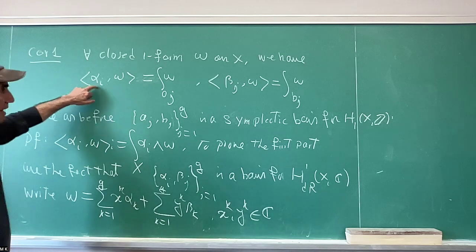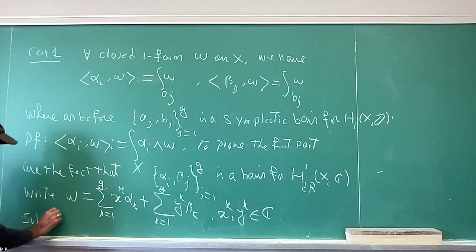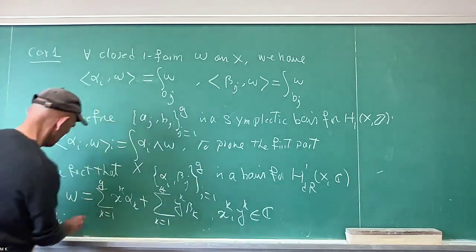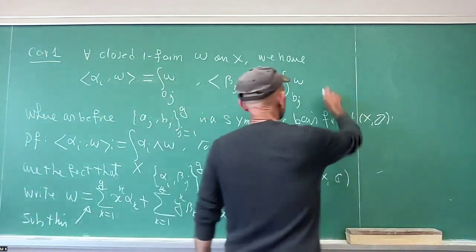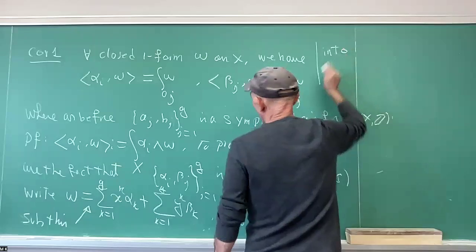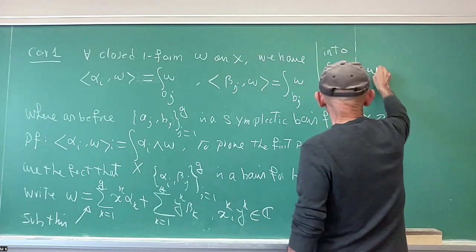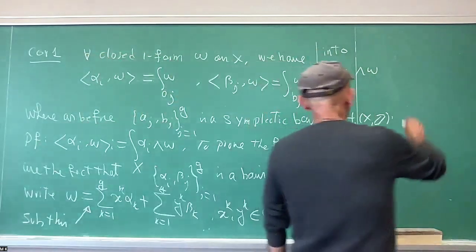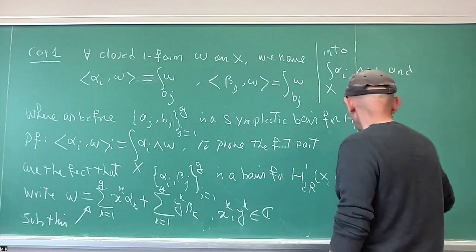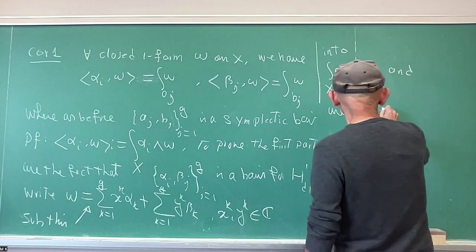So substitute this relation into this equation, because we are computing the integral of alpha_i wedge omega over X, and use the relations that we just proved.